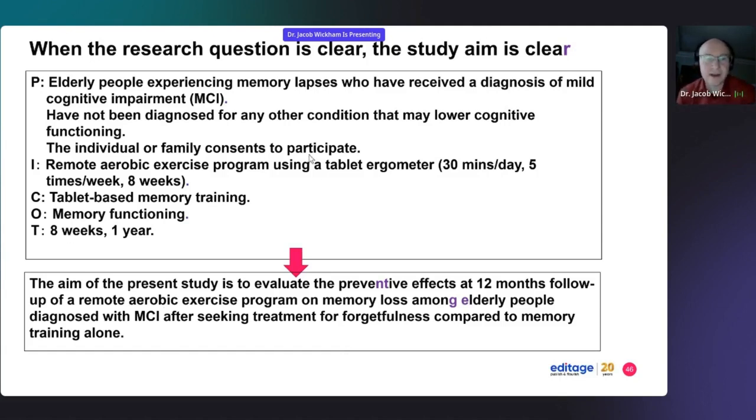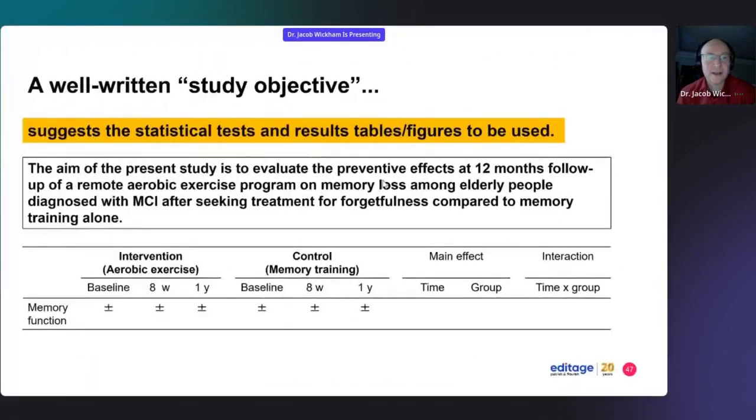So here you can compare two groups. And if you have a well-written study objective like this, then it suggests that statistical tests and the results and tables and figures will be used. And here you have a control and then the intervention, and you can actually compare the differences between the control and the intervention.